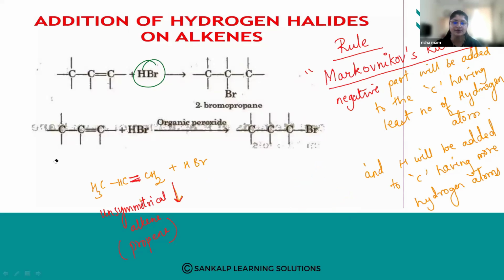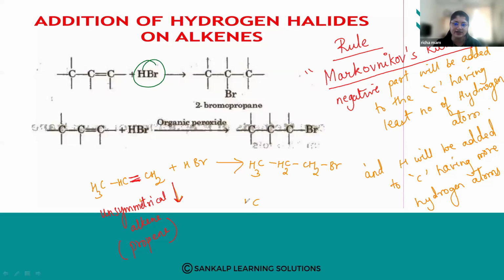There are two possibilities. If I attack the negative part here, it can form CH3, CH2, CH2, and here I am adding Br.